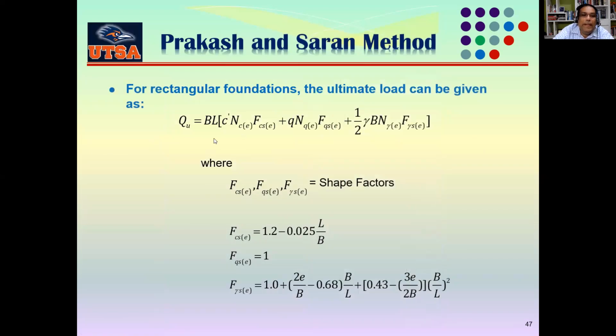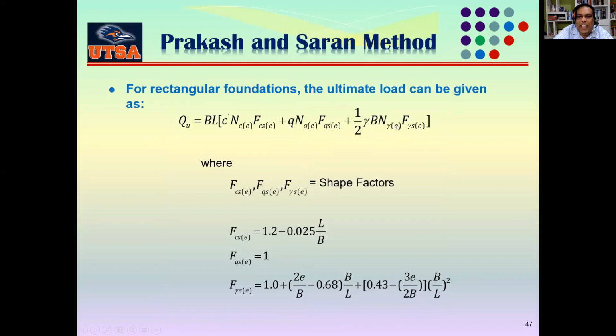Now, if it is a rectangular footing, then basically you have to use F_cse, F_qse, and F_gamma se. This is not the same shape factor that we use in the general bearing capacity equation.